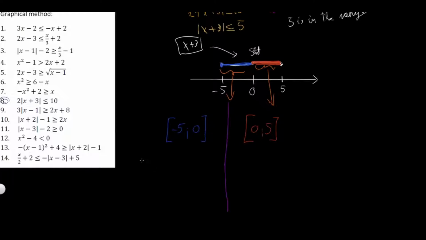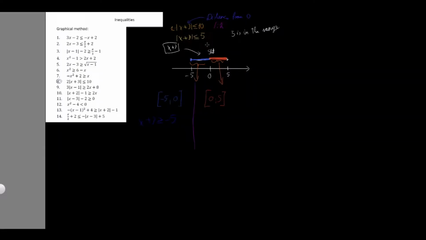So we can say that x plus 3 is greater than or equal to minus 5. Why? Because we are counting from negative 5 to positive infinity.